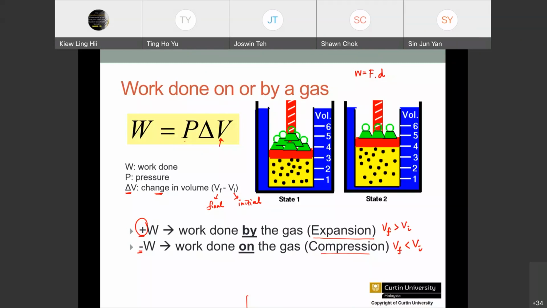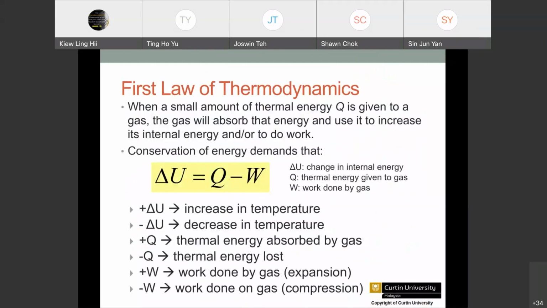Okay, so why do we need to know this? Because of our first law of thermodynamics. The first law of thermodynamics says that the change in internal energy equals Q minus W. Q is thermal energy, or we say the heat.